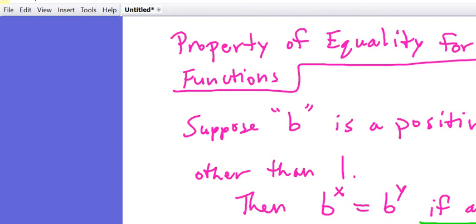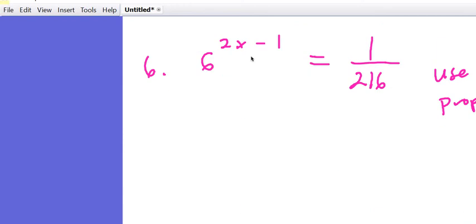All right. Okay, so here we've got 6 to the 2x minus 1 equals 1 over 216. Now, we need a common base, but can I convert a base of 6 to a base of 2 or 3 or 4 or 5? No, there's no number less than 6 that I can simplify the base of 6 to.